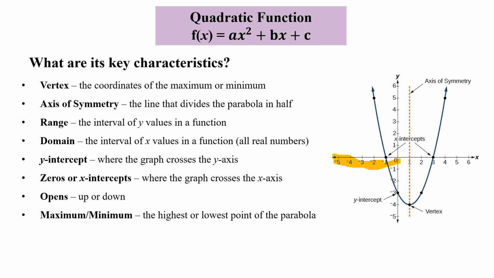As the graph or the x value moves to the right, we're going into what is known as positive infinity. So therefore, the domain in the case of a quadratic function will be all real numbers, which means that it will be negative infinity to positive infinity.